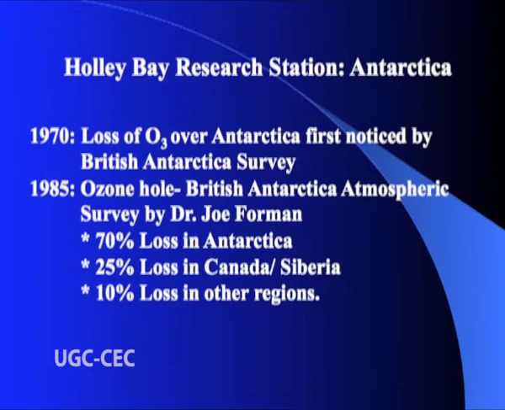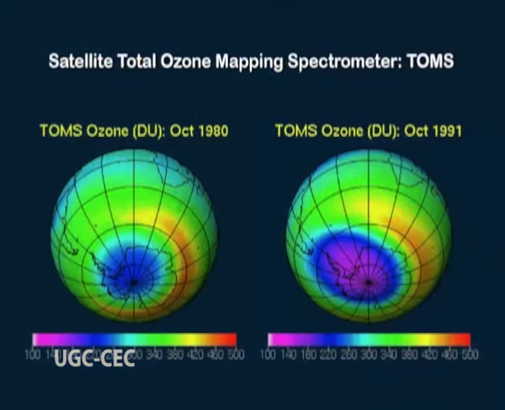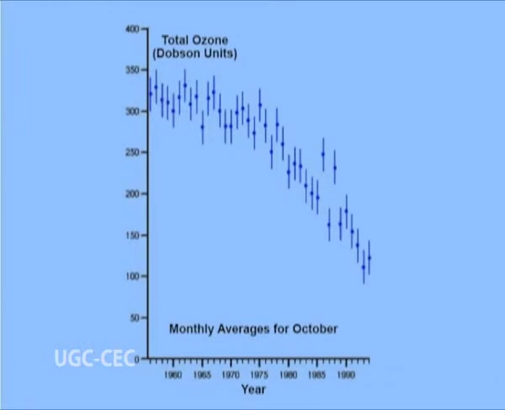Ozone was lower near the north and south poles and in colder countries nearer to the poles, like Canada and Siberia. This depletion, termed the ozone hole, kept on expanding from 1980 to 1990.